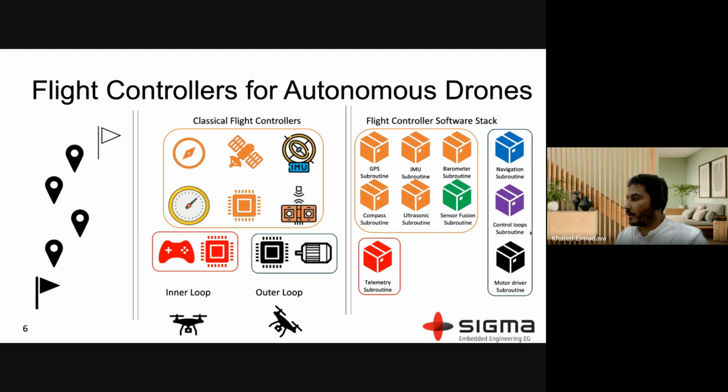The navigation and the control loops stacks are done over a third microcontroller. In such a setup, it is a little bit safer and more immune from hanging, but it still has limitations: it's still working in megahertz, and it is still bounded by the processing and memory resources of the microcontroller.